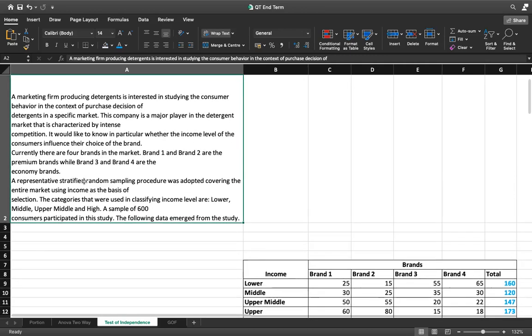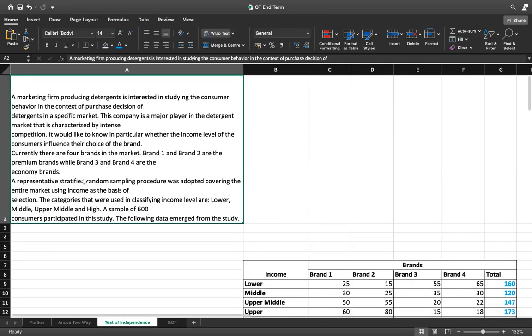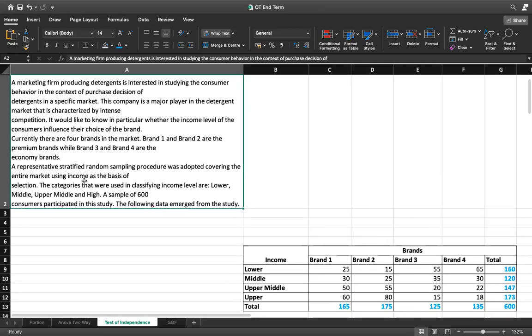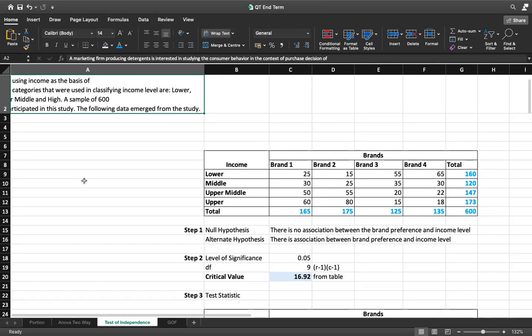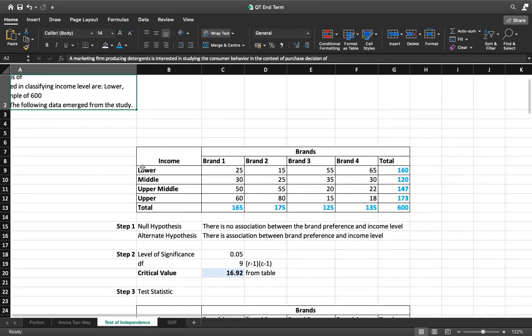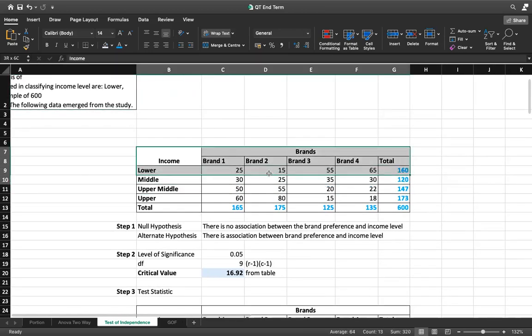They have said that there are 4 brands in the market. 1 and 2 are your premium, and 3 and 4 are your economy brands. So they want to see if being from a lower income affects what type of brand of detergent you're buying or not. This is the table that they had given.